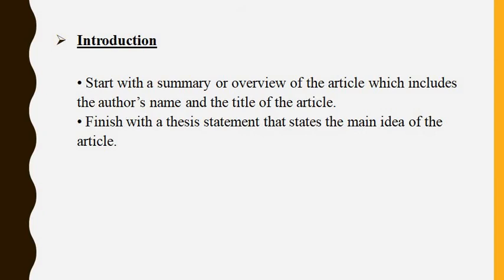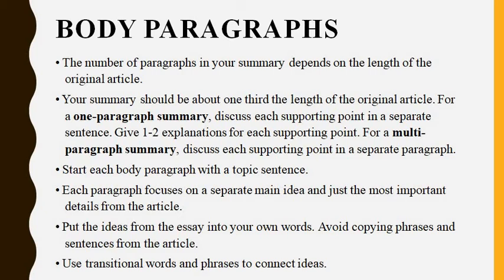Then we will move forward to the body paragraphs. The body consists of 2 to 3 paragraphs or different paragraphs. The number of paragraphs in your summary depends on the length of the original article.